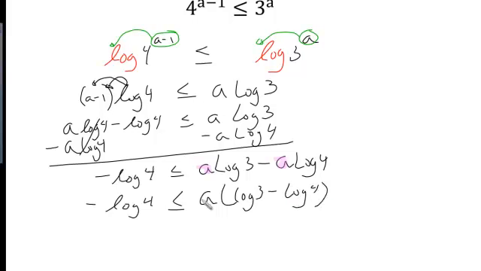And now that we have a being multiplied to this wild expression, we can then divide it out because anything divided by itself is always just 1. So this just leaves us 1a on this side, or just a.